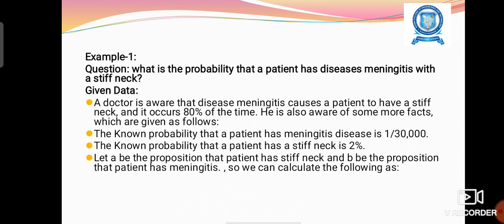Let us see one example: what is the probability that a patient has the disease meningitis given a stiff neck? The given data: 80% of the patients having meningitis will also have a stiff neck. On the whole, the probability of a patient having meningitis is 1 out of 30,000. And on the whole, 2% of the patients have the symptom stiff neck.